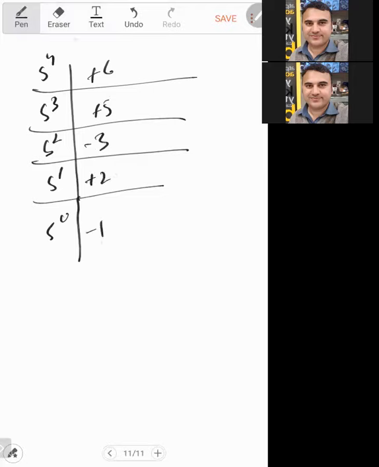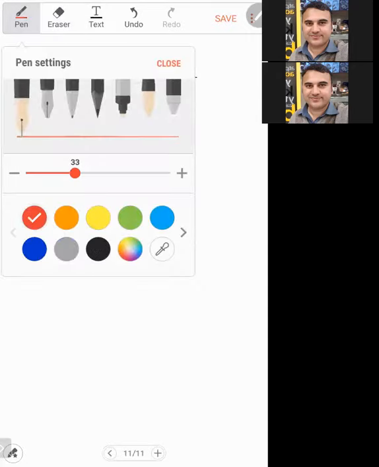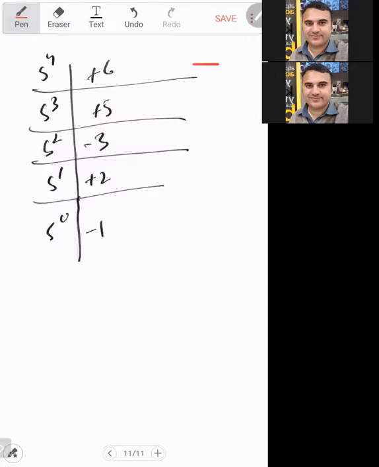Now there are some sign changes in this example, so let us interpret this. From here to here there are 0 changes. From here to here there is 1 change. From negative to positive again there is 1 change, and again from positive to negative there is 1 change. So there are a total of 3 sign changes.